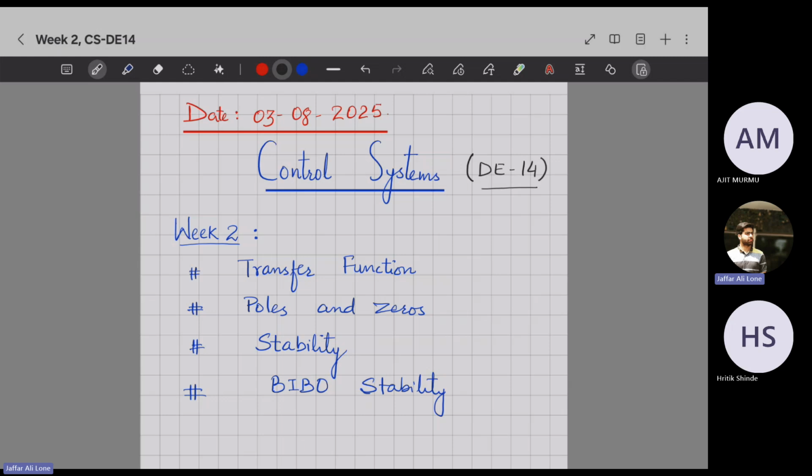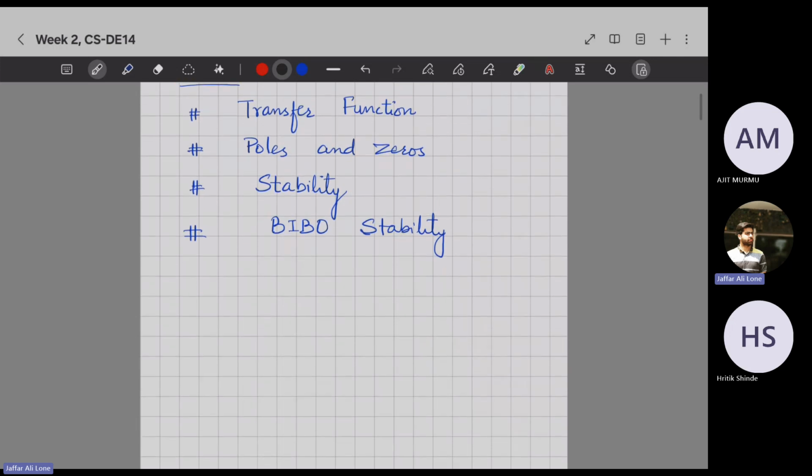just summarize or just define what is transfer function. What is transfer function?